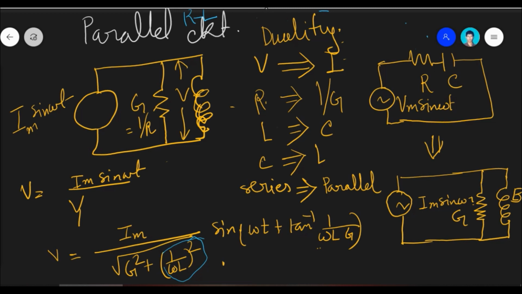The expression of current is Im by root over G square plus 1 by omega L square. Now if I give you some numerical value, it will help you to visualize that.